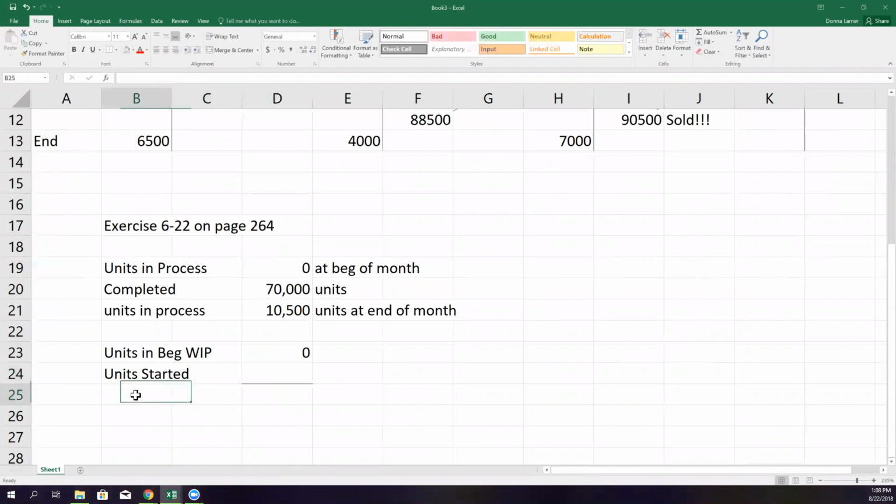All together, they represent the units to be accounted for. Then we're going to come over to the other side and account for them. We're going to say these many were completed, and these are ending work in process. So still in process at the end of the month.